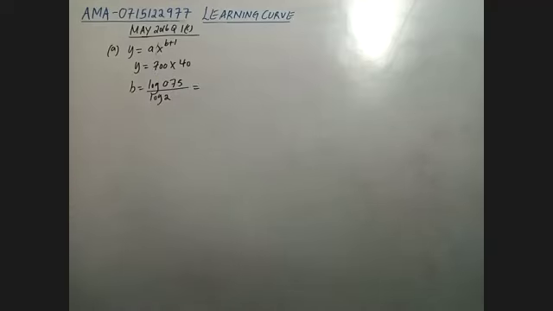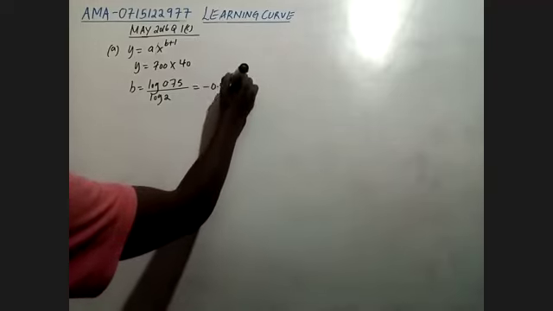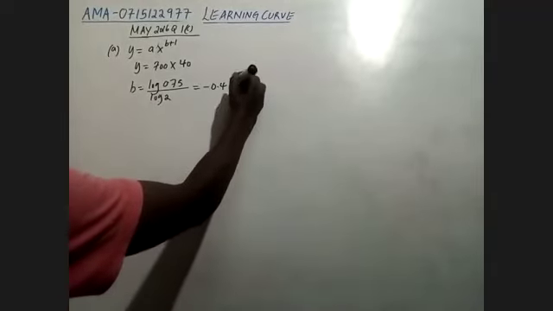So hii inatupatia ngapi? How much would that be? Negative 0.42. In three decimal places? 0.415.